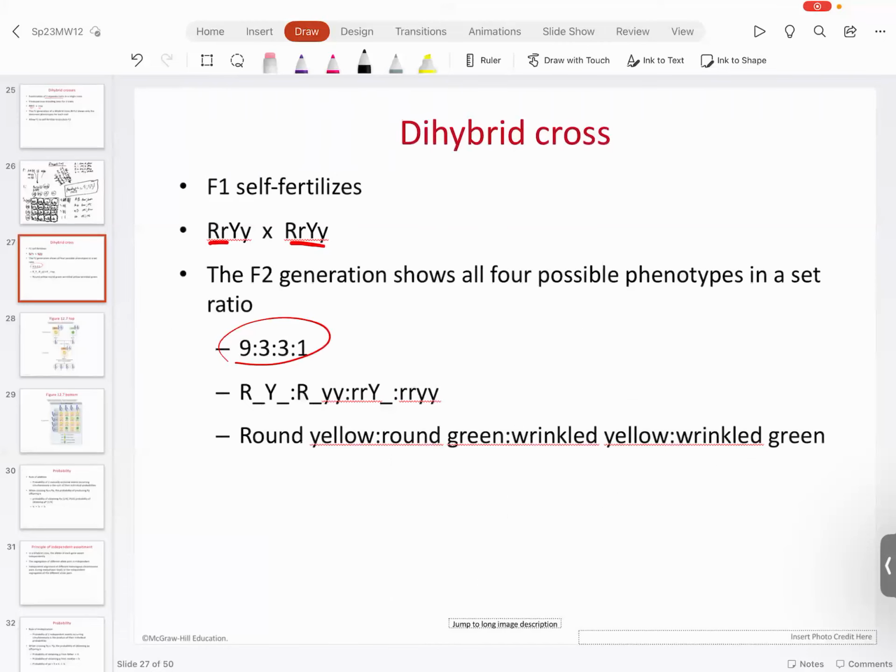So that's your dihybrid cross. In this case, when you're working with round yellow versus wrinkled green, then your double dominant is going to be your round yellow. Then your dominant recessive will be round green, and then recessive dominant will be wrinkled yellow, and then double recessive will be wrinkled green.